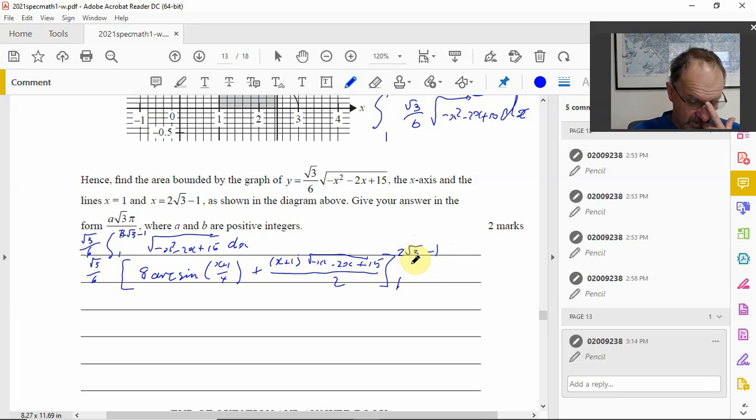And so now we need to substitute, and we need to be quite careful about what we're doing here when we do substitute.